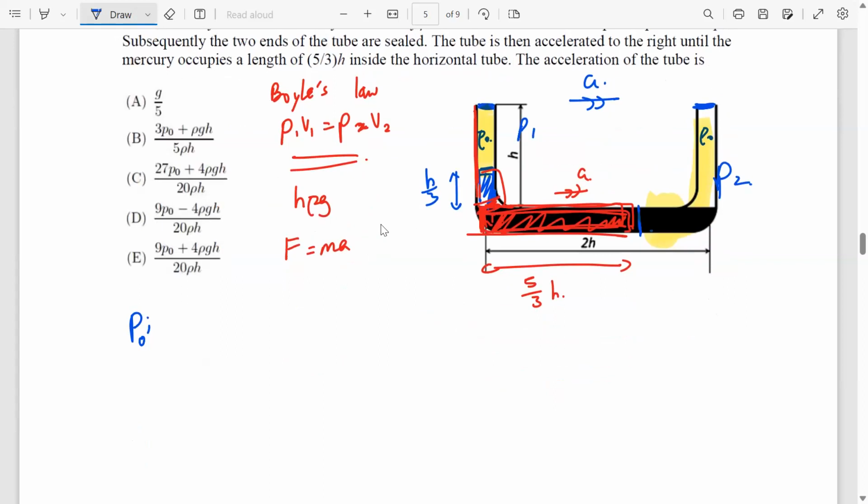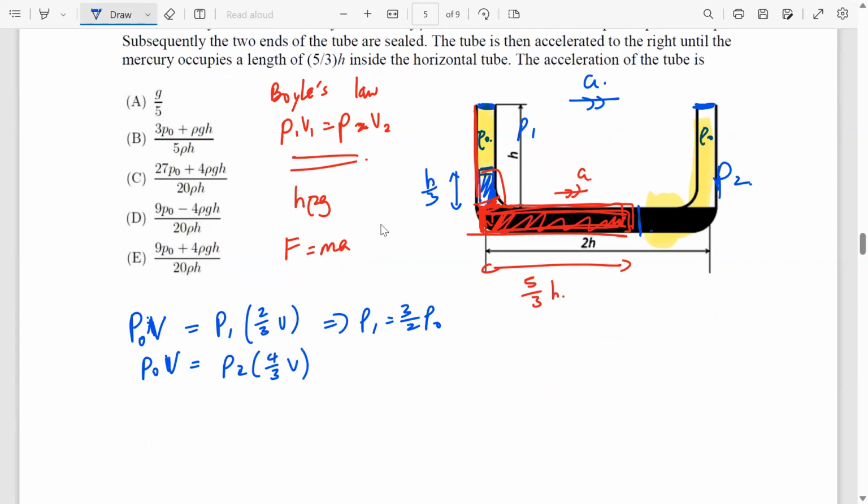P0 V, original volume, let it be V, equals P1 times 2/3 V. That's for the left side. So we get P1 as 3 over 2 P0. Similarly, P0 V equals P2 times 4 over 3 V, because it increases by 1/3 V. 1/3 H is the same as 1/3 V here because of the same cross-sectional area throughout. So P2 is going to be 3/4 P0.